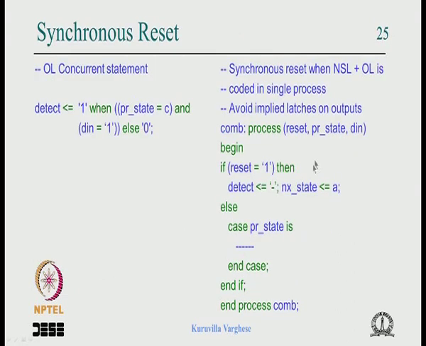So for each state we specify the next state and detect, and if you don't specify detect here there will be an implied latch on detect. So we say detect is don't care.